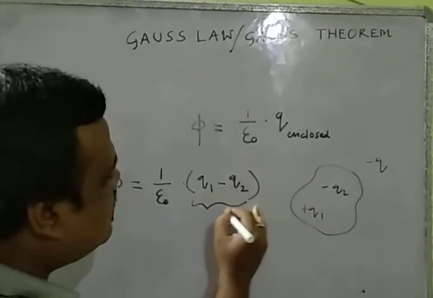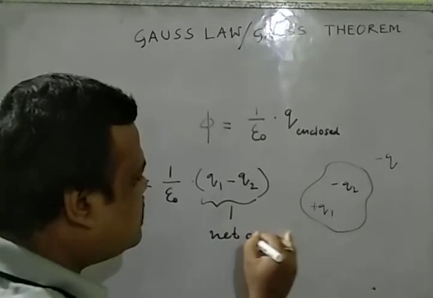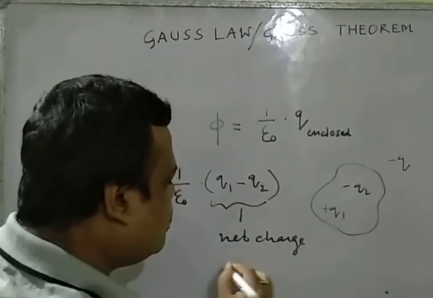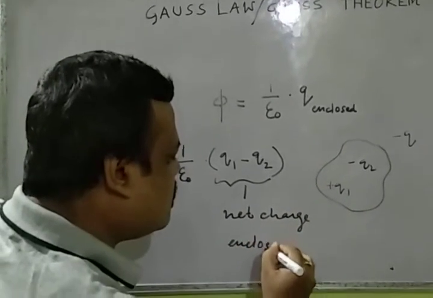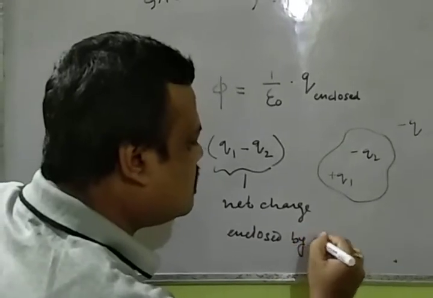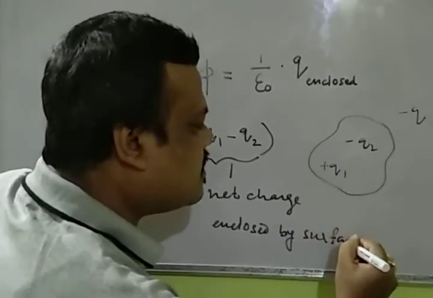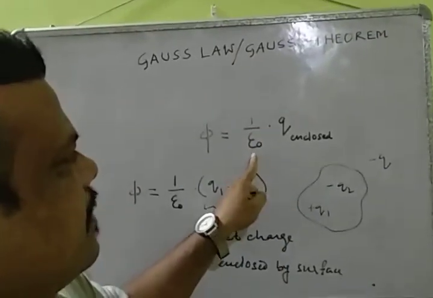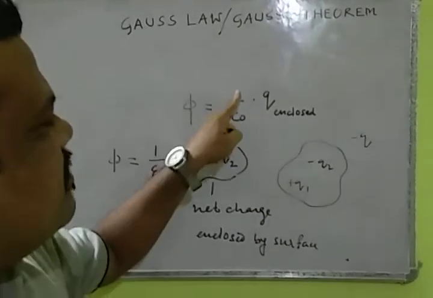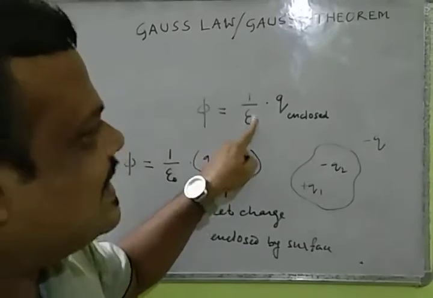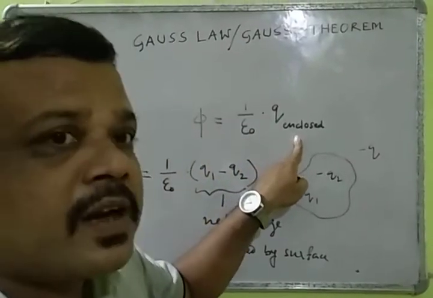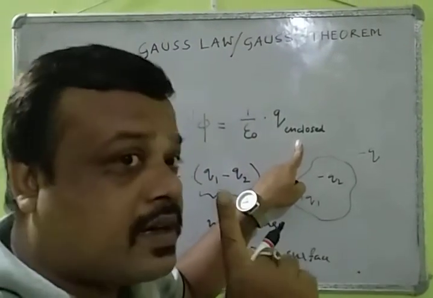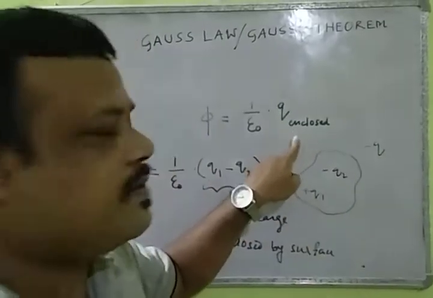What is q1 minus q2? This is the net charge enclosed by the surface. I repeat, in the Gauss theorem, flux is 1 by epsilon naught times the enclosed net charge.